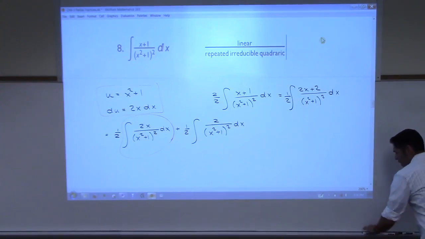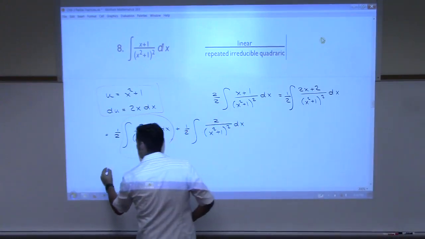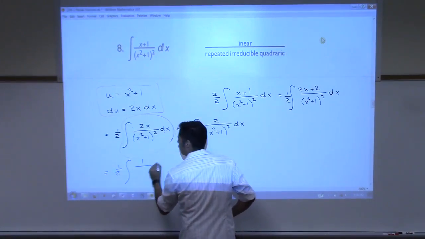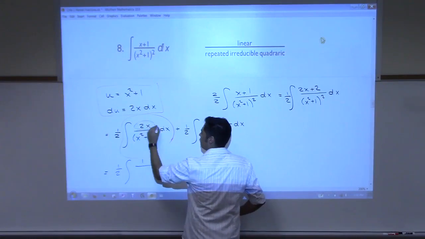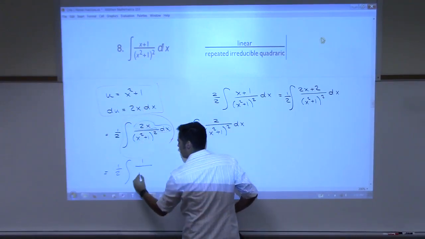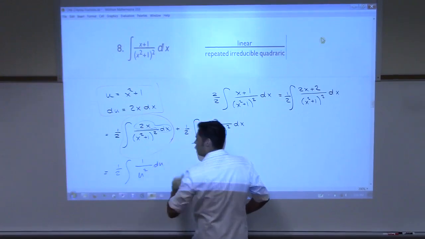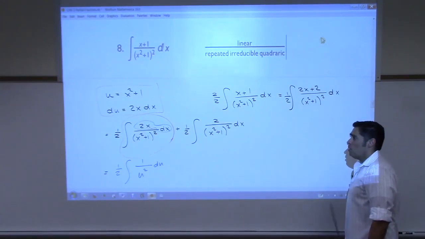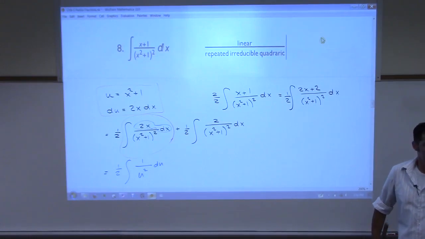That's just going to be 1/2 integral 1 over, because 2x dx is du, right? So that's just u squared on the bottom, du. With me? What's the antiderivative of 1 over u squared? Negative 1 over u, or negative u to the negative 1, however you want to look at it.